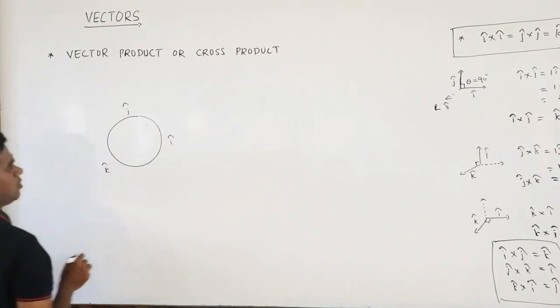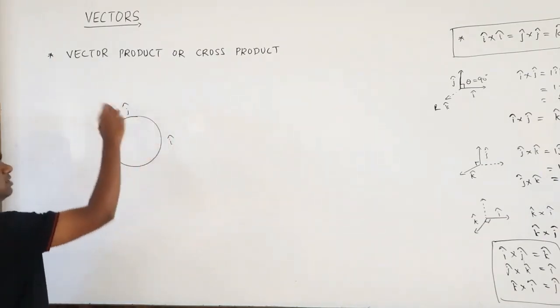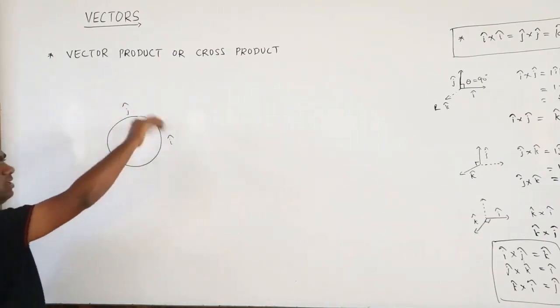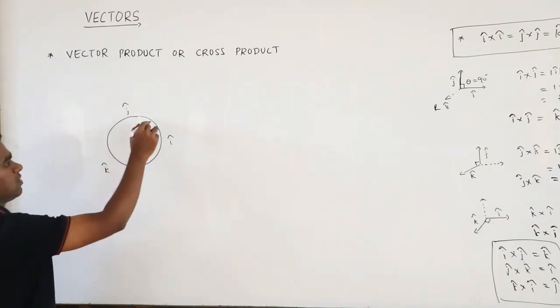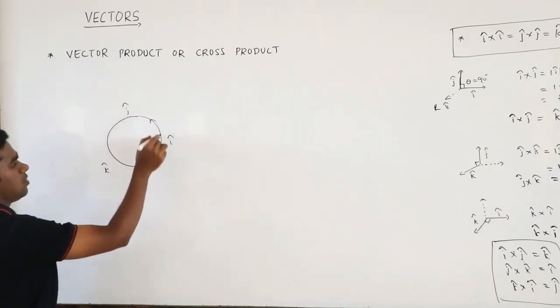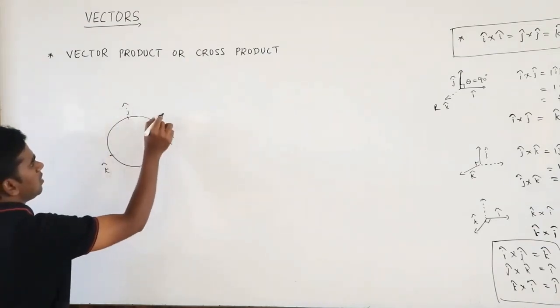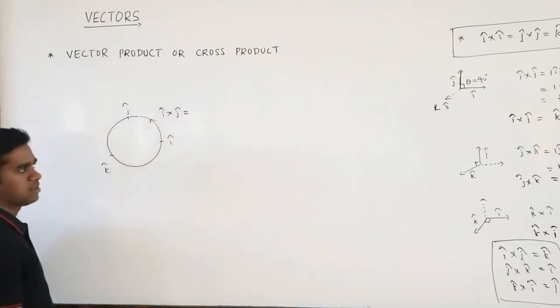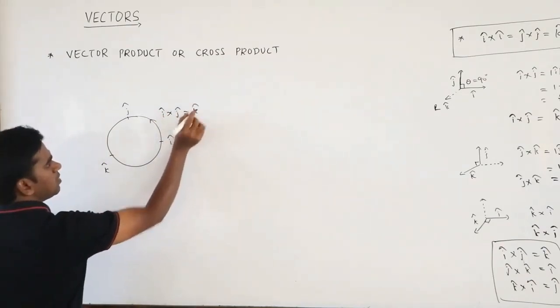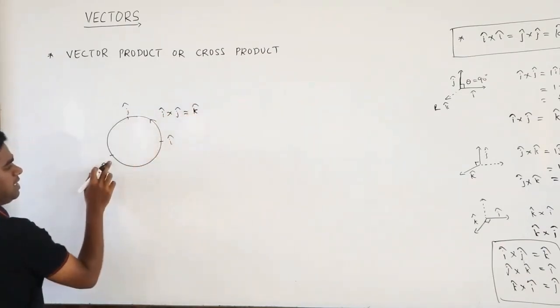Suppose you are moving in the anti-clockwise direction, which means the reverse order of the clock. Suppose you are moving from i to j, so i cap cross j cap equals what? k cap.